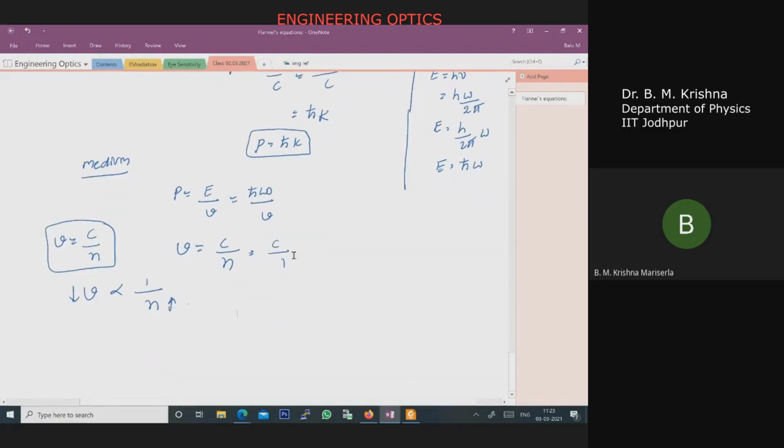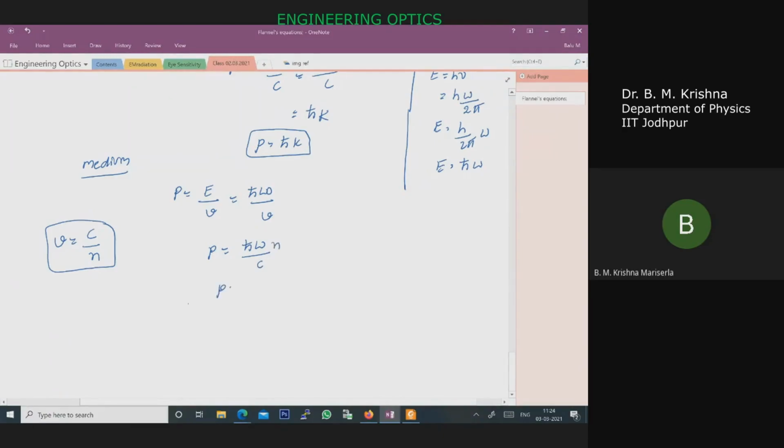Now if you substitute v equals c by n in this equation, your momentum in a medium is h cross omega by c by n. So n will go up.